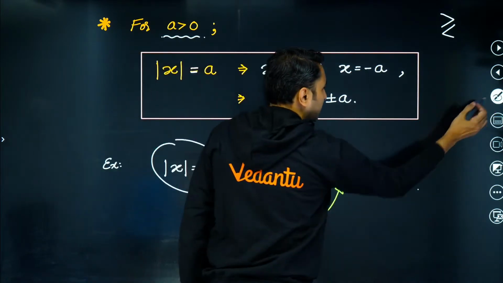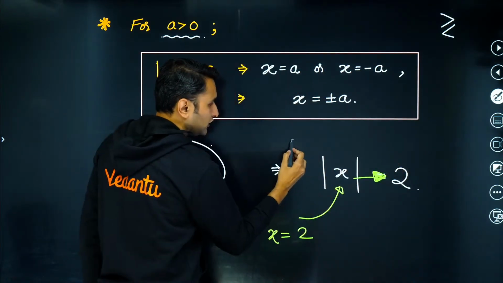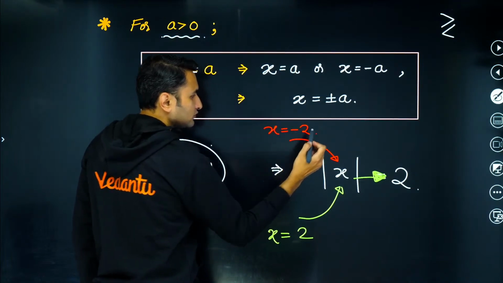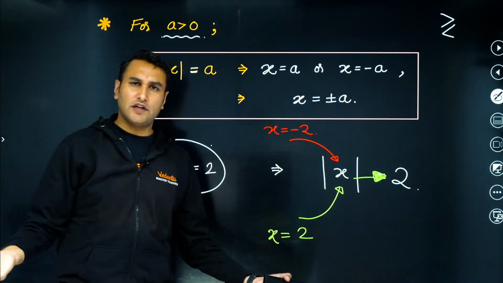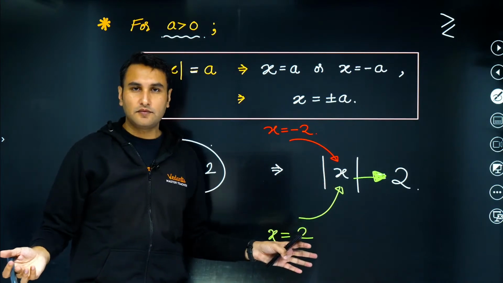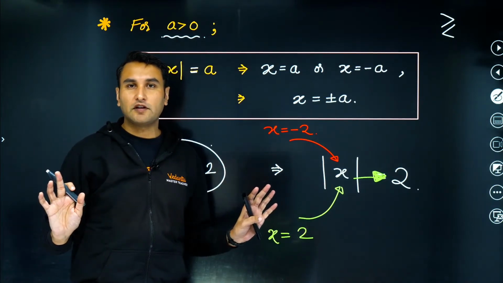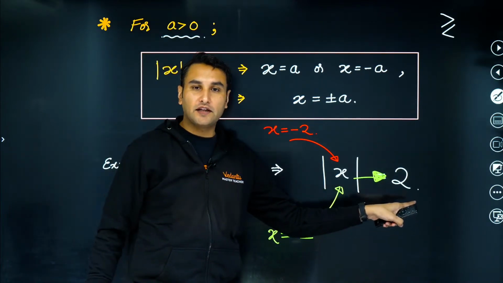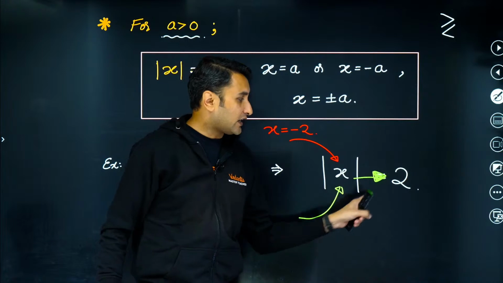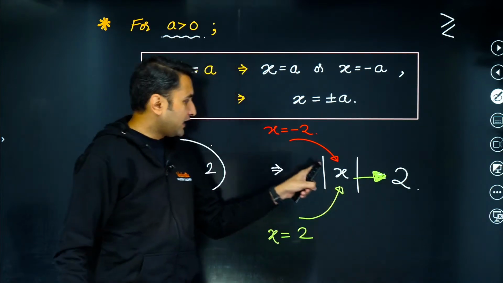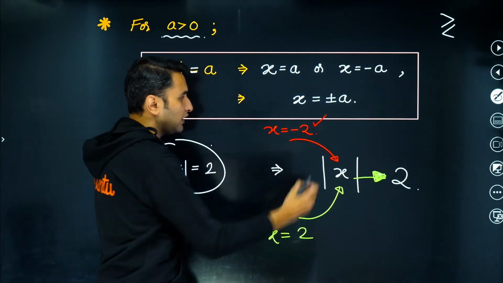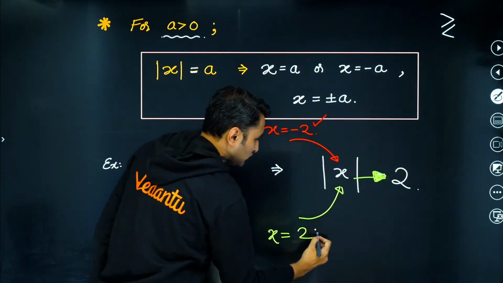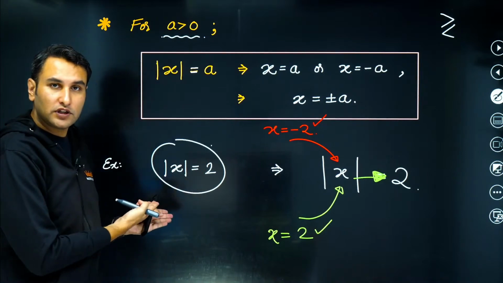But what if my input is a negative number? What if x is equal to minus 2? I'm okay with it. Baba's ashram does not stop any negative number from coming in. So if x is equal to minus 2, the output again is 2. To get the output as 2, my input can either be minus 2 or 2, and that's what the question is.